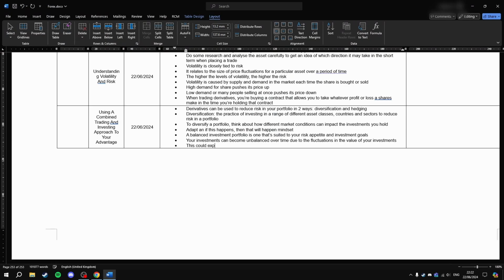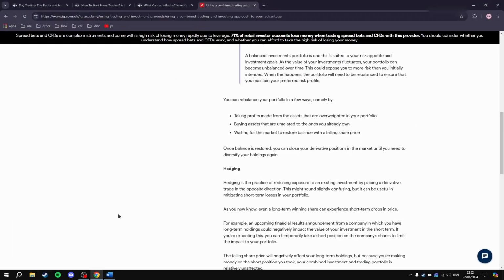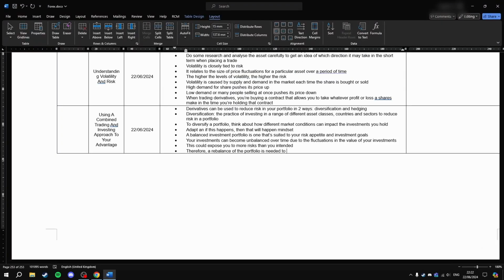So this could expose you to more risk than you intended. Therefore, a rebalance of the portfolio is needed to ensure that you maintain your preferred risk level.